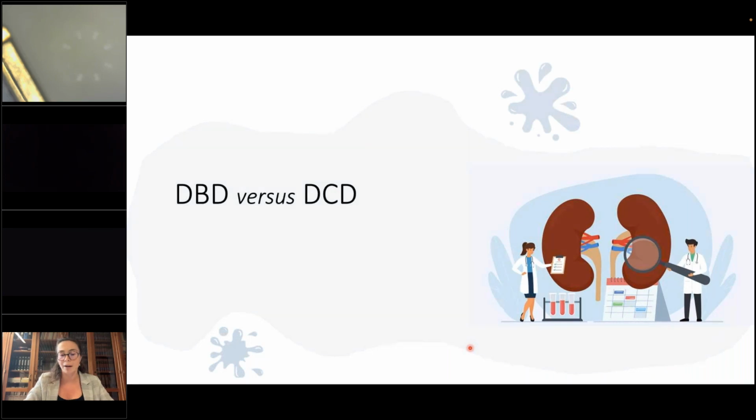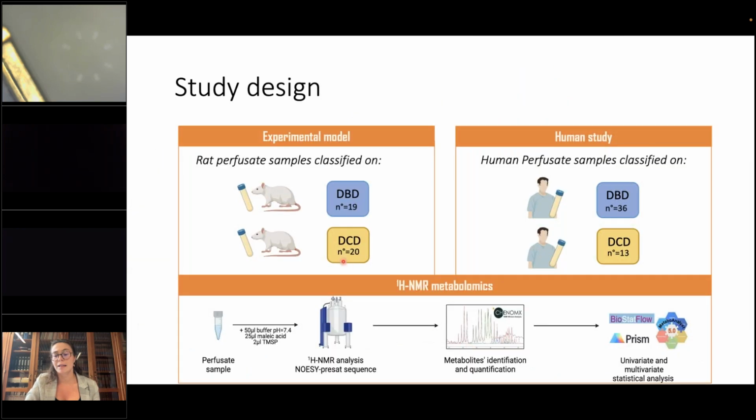In this study, we first focus on the difference in the metabolome between the two kinds of donor. For this, we use an experimental model and a human study. For the experimental model, perfusate samples coming from rats were classified on the basis of the donor type, DBD and DCD. The same was done for the human samples.